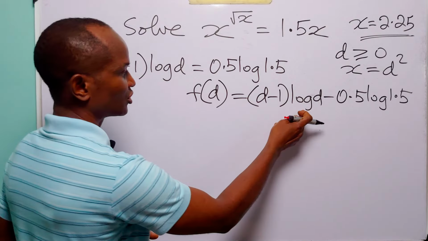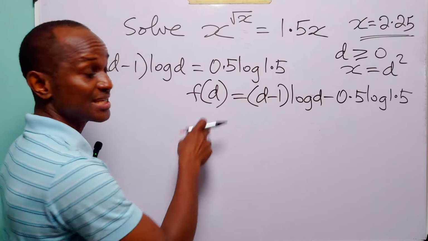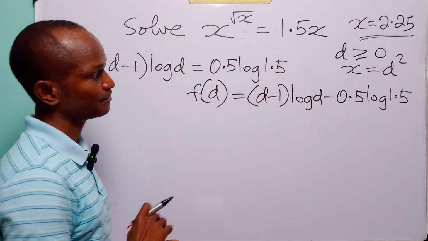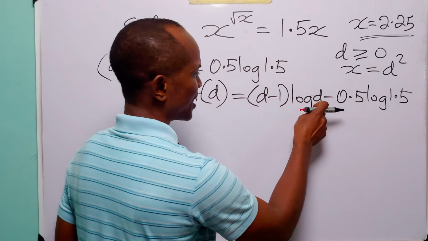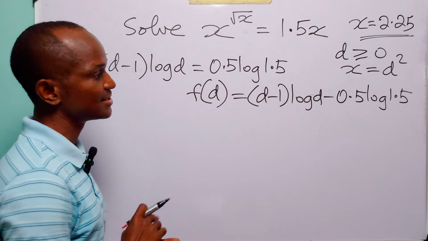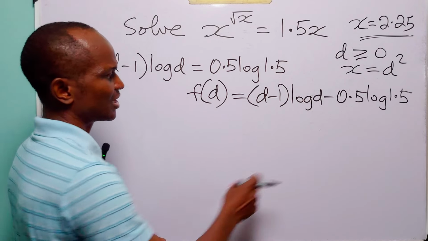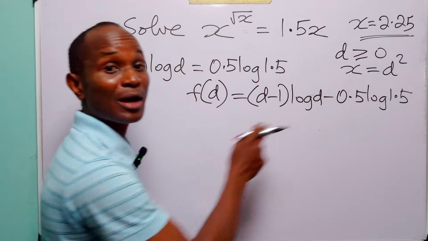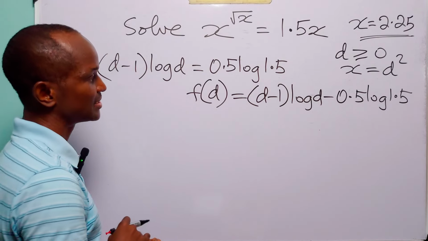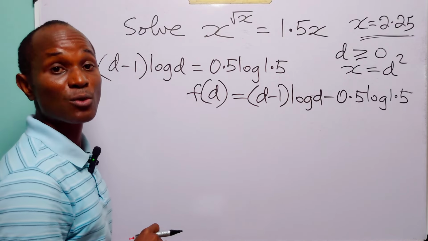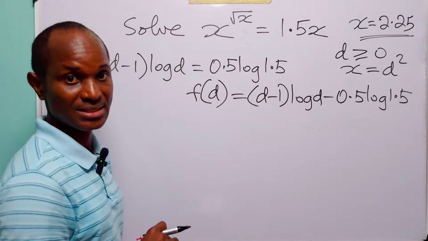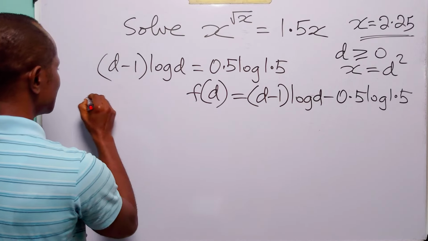Now, of course, because of this logarithm, f of d is going to be undefined for 0 and all negative values of d. And we have already found that when d is equal to 1.5, f of d is equal to 0. Also notice that for values of d greater than 1.5, f of d is going to keep on increasing. So we will study the behavior of f of d between 0 and 1.6.